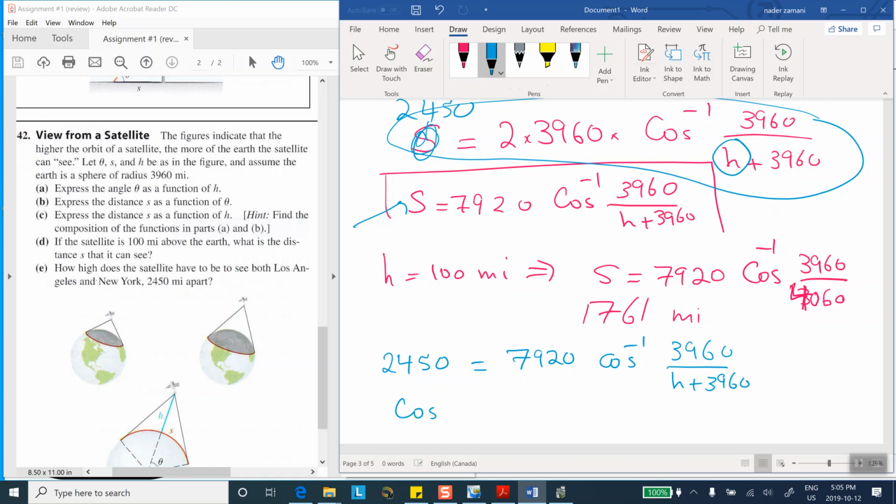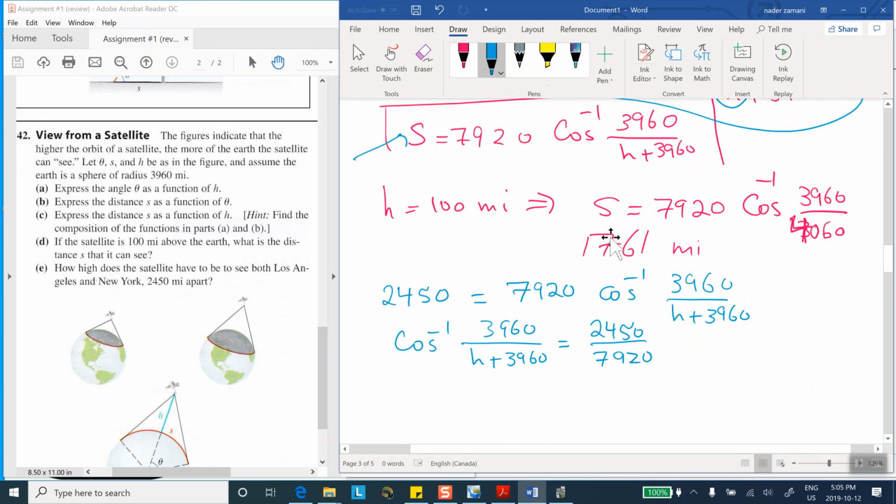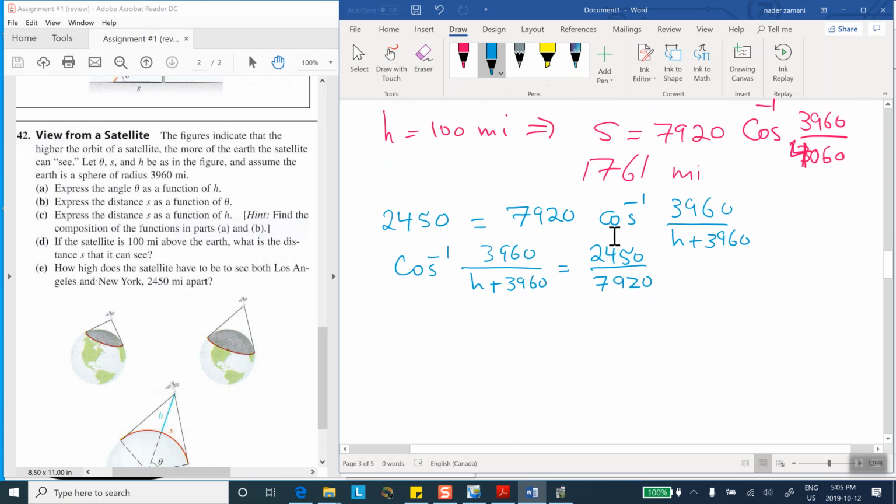So cos inverse of 3960 divided by h plus 3960 is 2450 over 7920. This is a simple trigonometric equation.